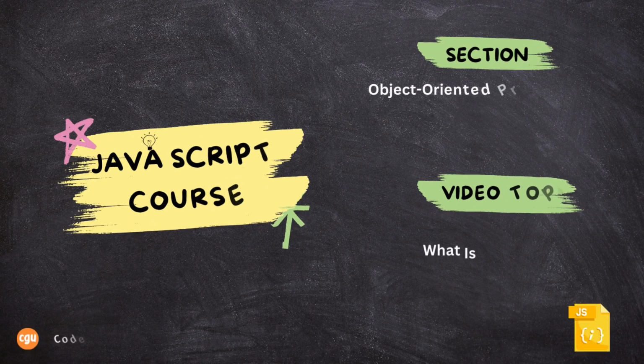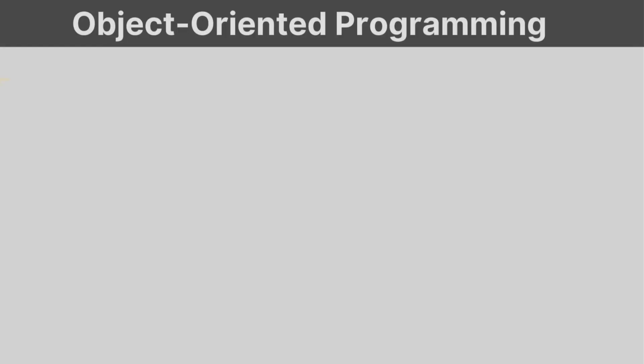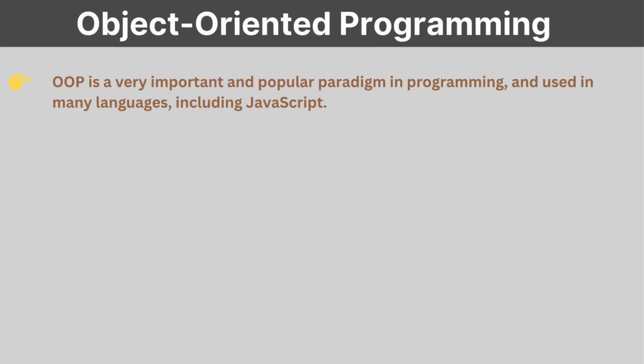In this video, we are going to talk about Object Oriented Programming, or OOP for short. Object Oriented Programming is a very important and popular paradigm in programming, and it's widely used in many languages including JavaScript.